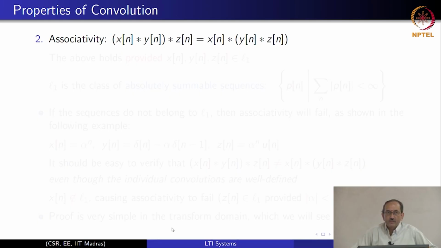One way of seeing this is, if you convolve in time, you multiply in the transform domain, and multiplication is associative, and hence associativity of convolution can easily be seen by looking at the corresponding behavior in the transform domain. Now let us examine this a little more.